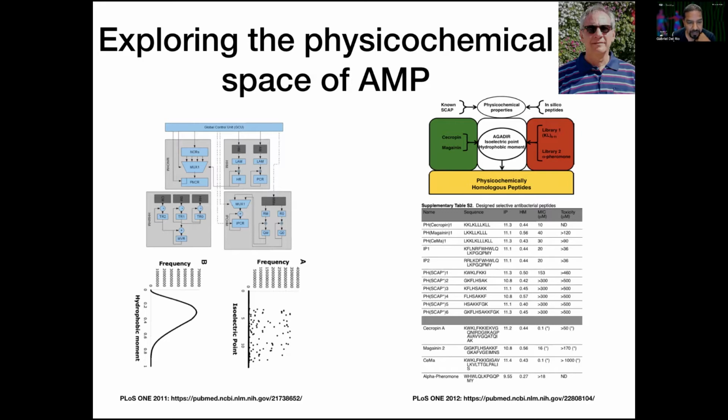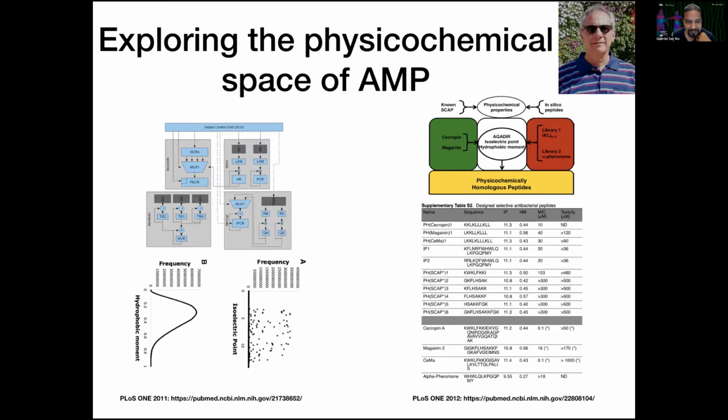You will see on panel A, on the bottom image, that the isoelectric point does not have a continuous distribution. And on panel B, you will see that hydrophobic moment actually does have a continuous distribution.